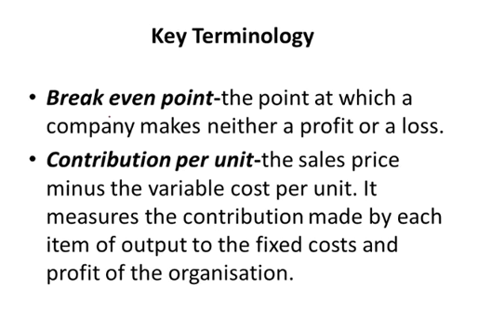Then these are the special terms used. The break-even point we have discussed is the point at which the company makes neither profit nor loss. Contribution per unit is the sales price minus the variable cost per unit. It measures the contribution made by each item of output to the fixed cost and the profit of the organization.